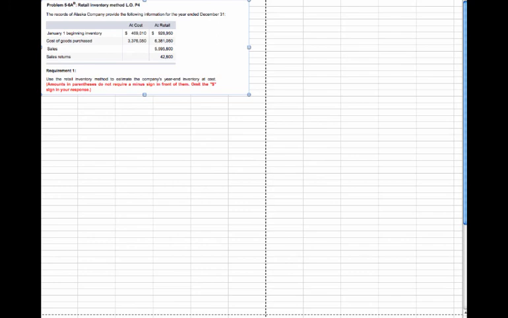That could be because of fire or theft or whatever reason where we can't determine what that inventory value is. So what we can do is, if we know the periodic inventory formula, we can actually use that formula to estimate if we know that there's a relationship between cost and retail. So we can create this problem here for Alaska Company, where we know what cost is and what retail is.